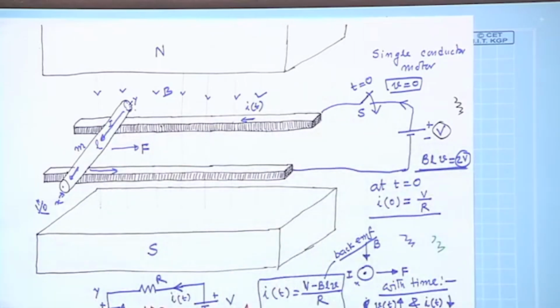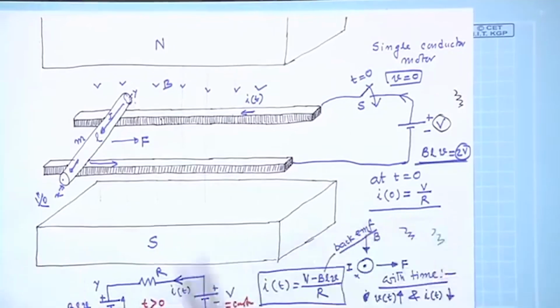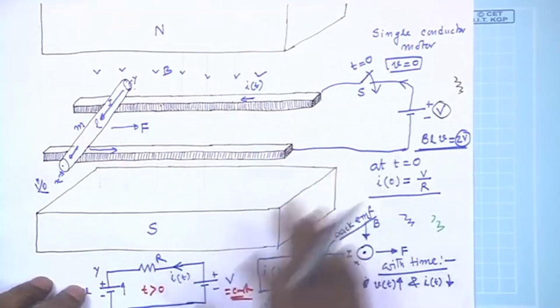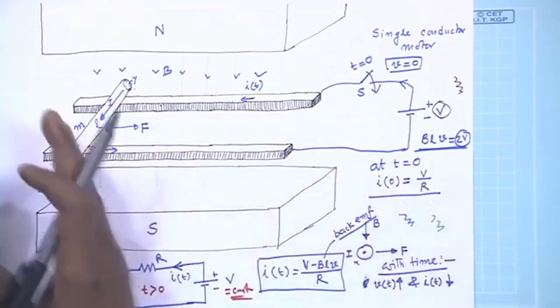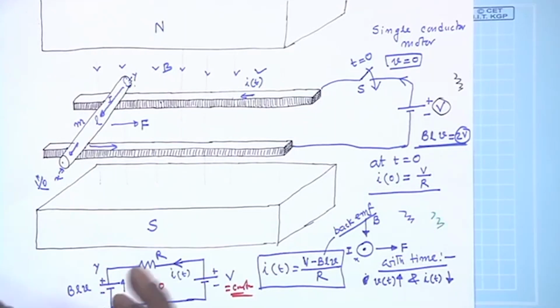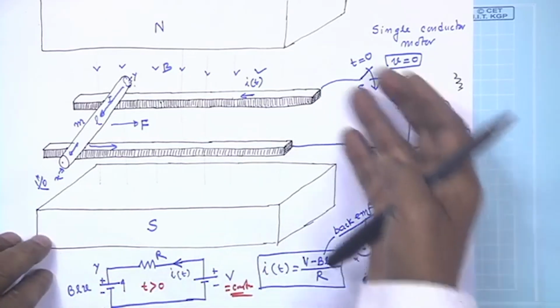Of course, when it settles down at that steady state speed, current will be 0 and everything is satisfied. There is no mechanical power output, because mechanical power output means force into velocity, and no force is acting at that time. Output mechanical power is 0, and input power from the supply is also 0.